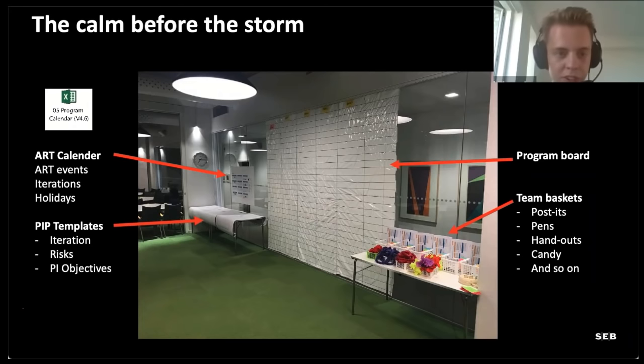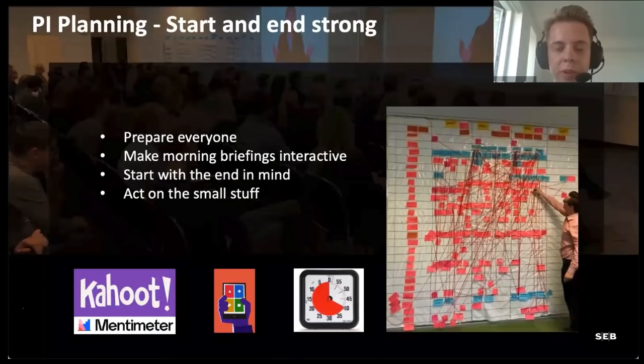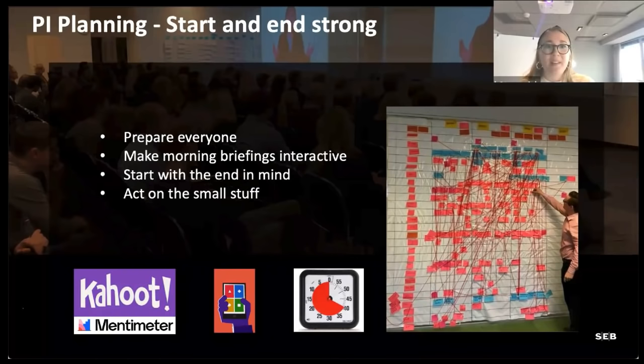Quick question. You said keep it interactive during the PI planning, the morning briefing. How do you do that? You mentioned Kahoot and Mentimeter. What activities do you make with those? So one example is that I said in advance, before the morning briefing started, that we're going to have a Kahoot. If you've played Kahoot, it's a bunch of questions that come and you have to answer them under time pressure.